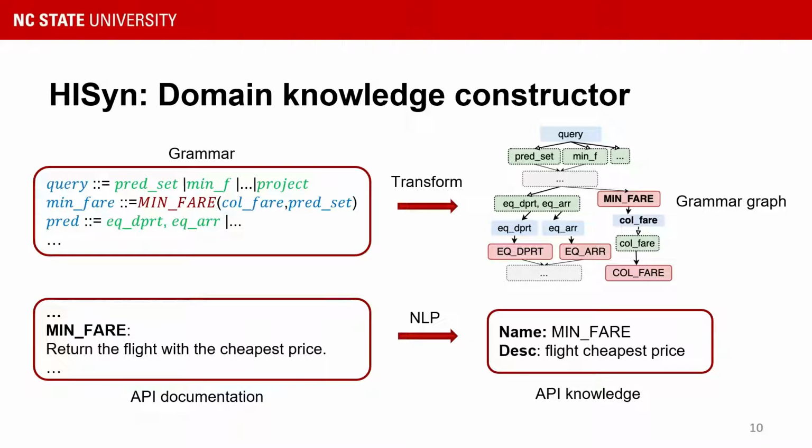Additionally, the API documentation is parsed in order to grab the name, description, inputs, outputs, etc. for each API in the domain. This will primarily be used in the backend when semantically mapping between the input query and the possible candidate APIs in the output code expression.